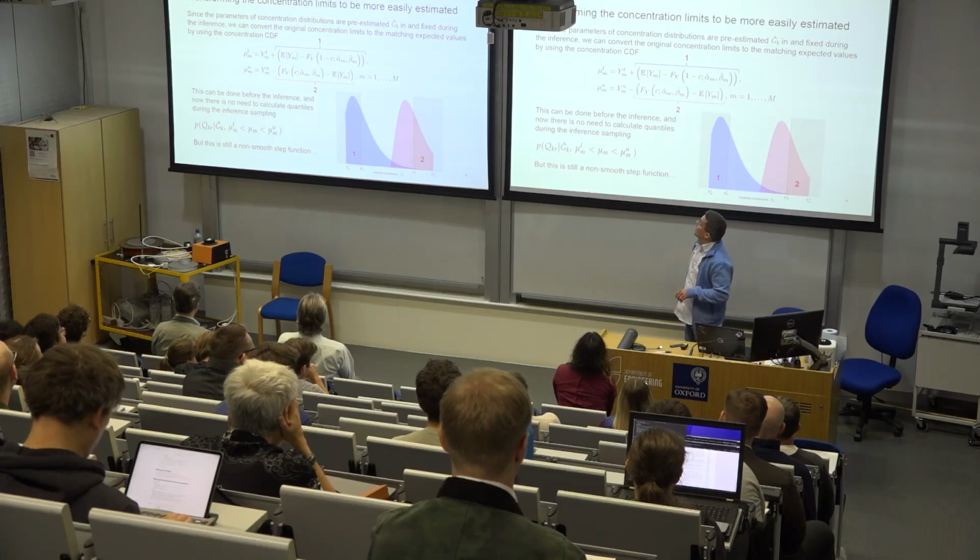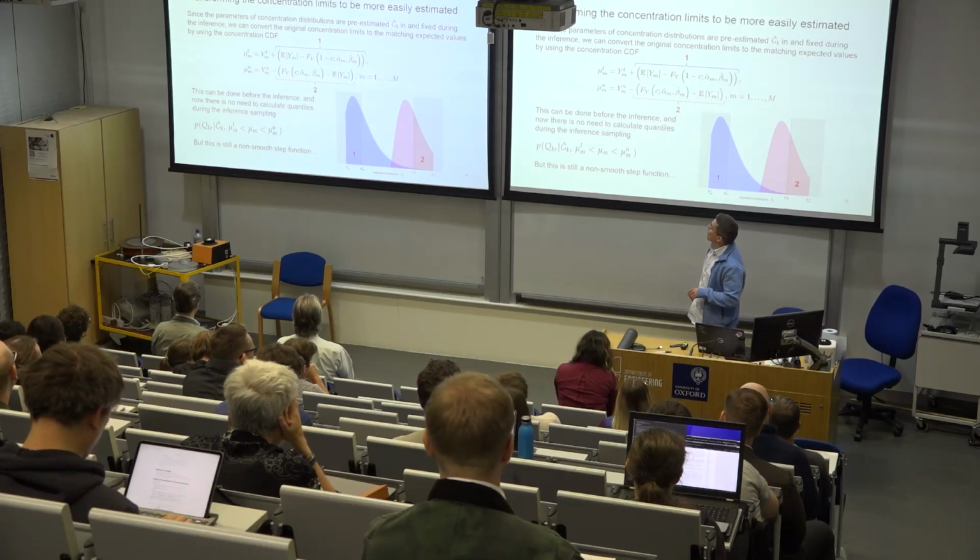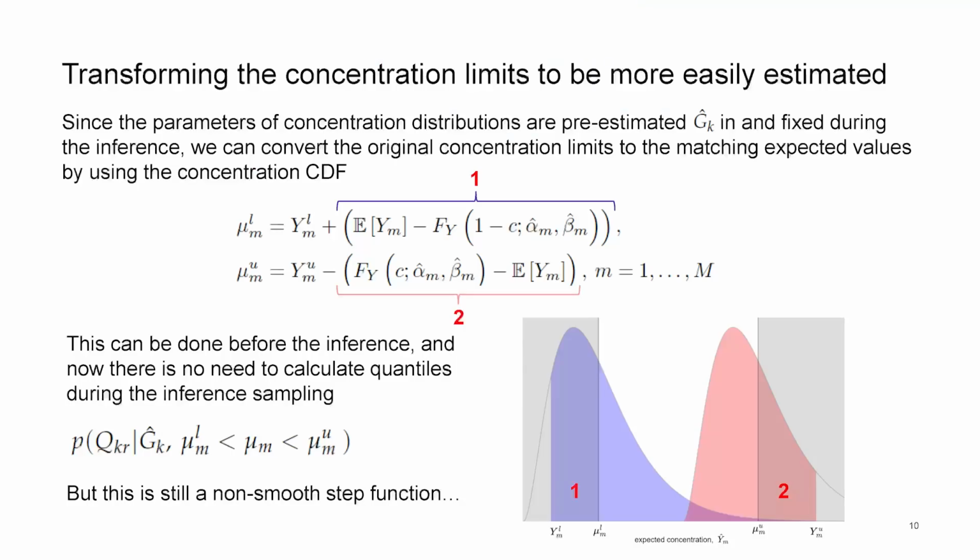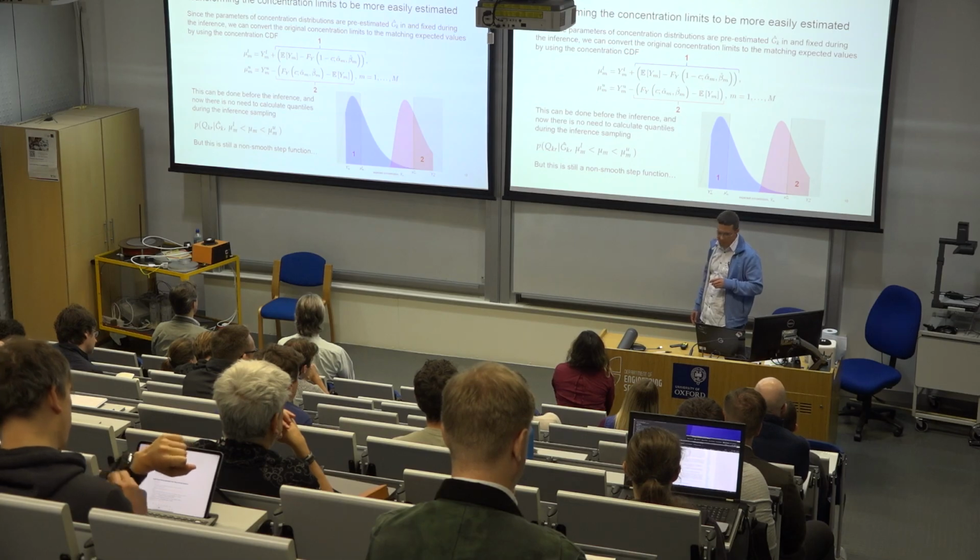And we decided to transform the limits. We can do that because the distributions of the concentrations are modeled before the inference part. They are modeled already when we are estimating the effects.